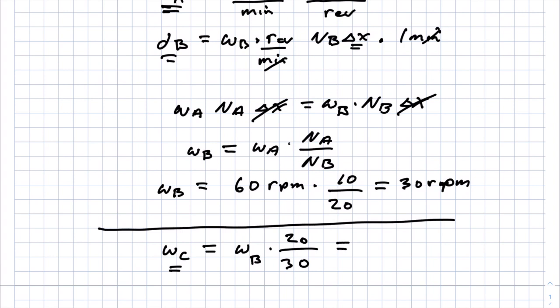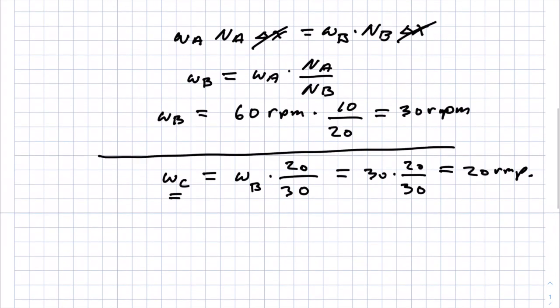So you take the 30 RPMs and multiply by 20 and divide by 30, which gives you 20 RPMs. So that's the effect of those three gears in terms of speed.